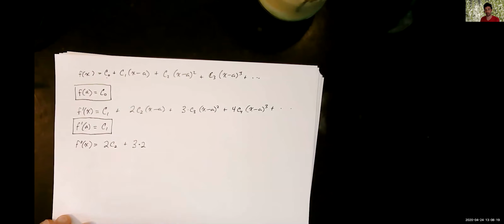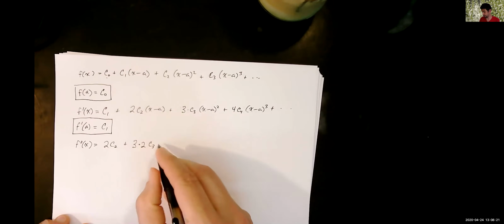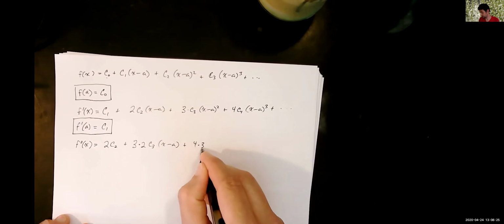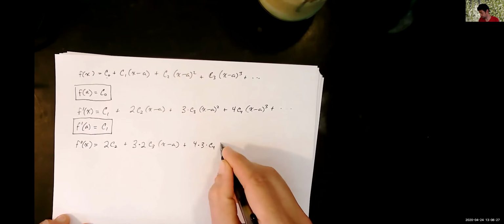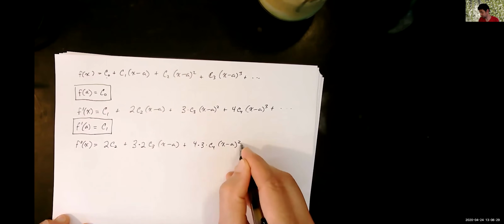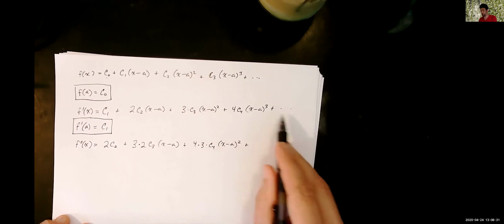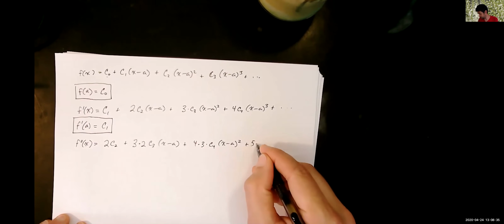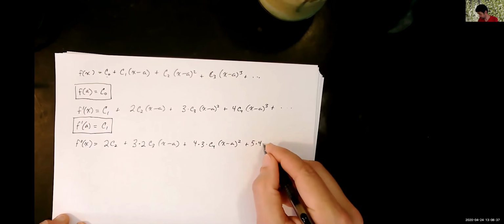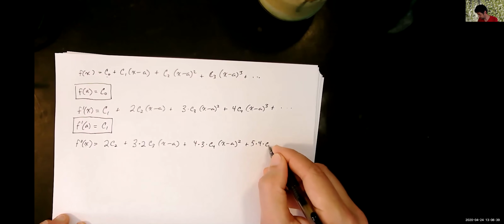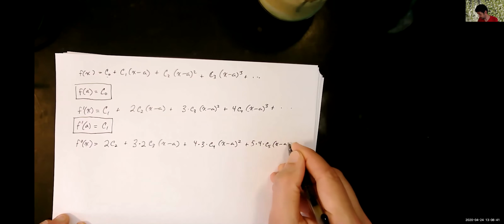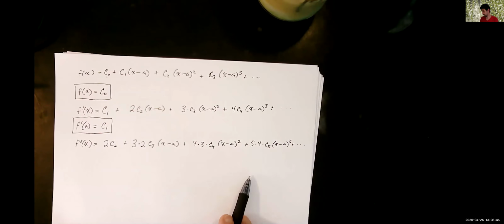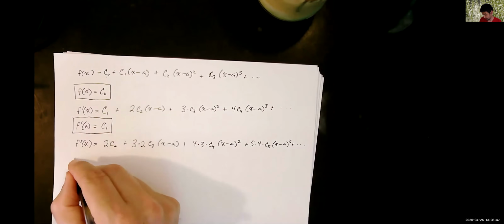I'm looking for patterns here, so I'm going to leave it as written for now. This one will be 4 times 3 times c4 (x minus a) squared. Meanwhile, off screen, let's pull in another term. We'll have one that's 5 times 4 times c5 (x minus a) cubed, and on and on and on.